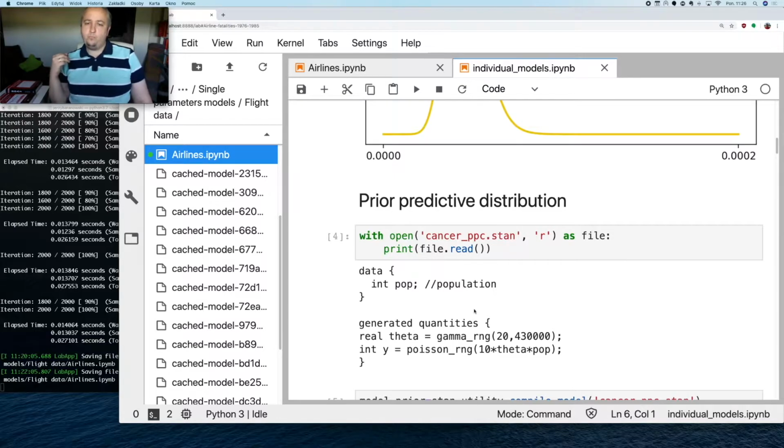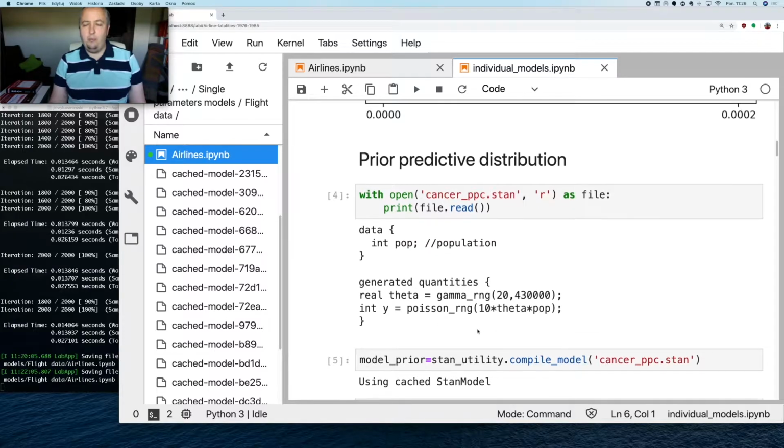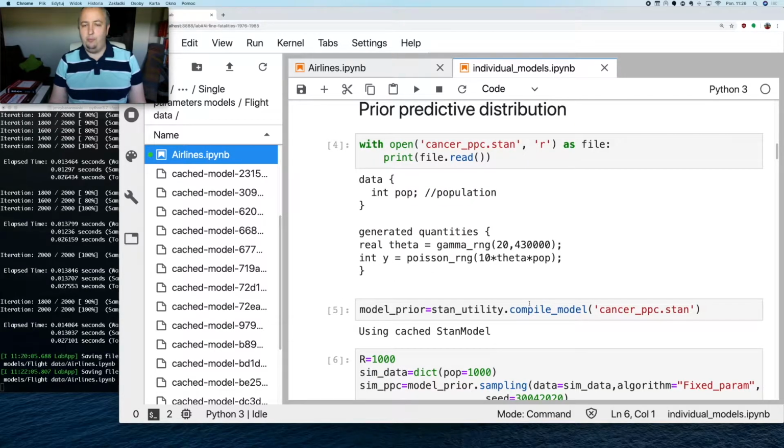And we can, of course, repeat our idea to create a prior predictive distribution. Having our model, we provide the population, sample from our prior distribution, take theta, and using our model we sample how many deaths should happen for that population.